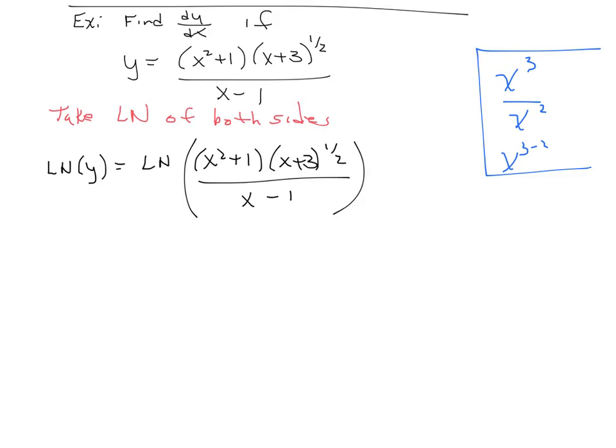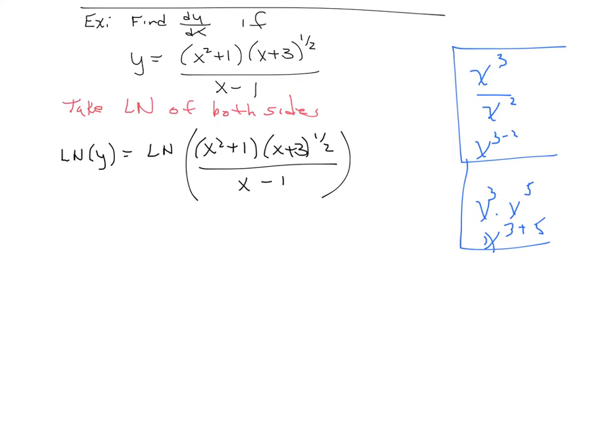So if you're dividing, you subtract. If you're multiplying, what do you do with them? You add them. So the log rules, and these are the ones that I say some of you may not remember. The log rule says where I see a product there, I can split up and do a plus, and then where I see a quotient, I can make it a minus. So I'm going to do that.